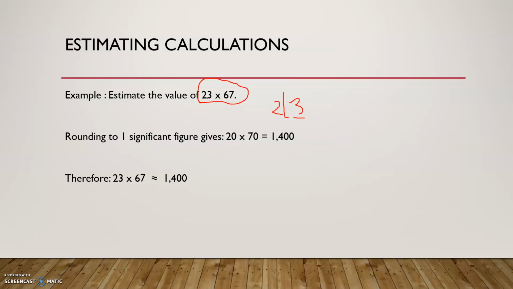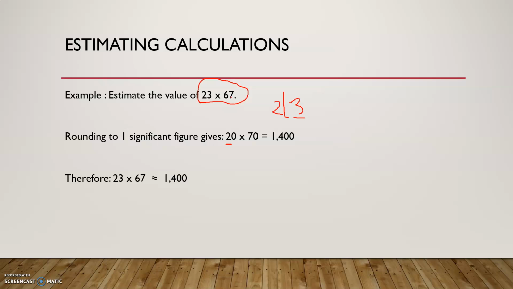So here we go, 3, which is less than 5, so we're going to keep the same number as it is. We keep the 2 and then make the rest of the number 0. So we get 20. Then here we go 67, following the rule of significant figures.